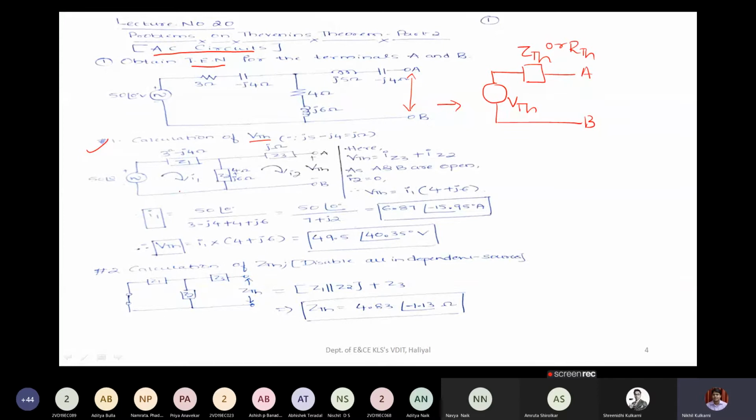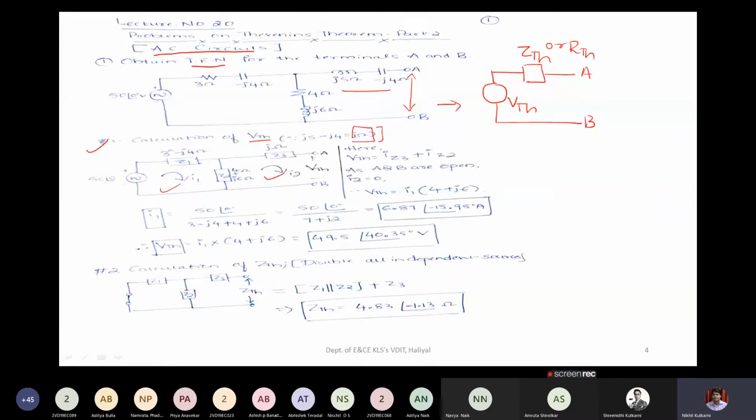I have applied mesh analysis here, assuming I1 current and I2 current flowing. If you observe, we have two impedances in series, J5 ohms and minus J4 ohms. If you add them, you get J ohms only, so you can replace it here.